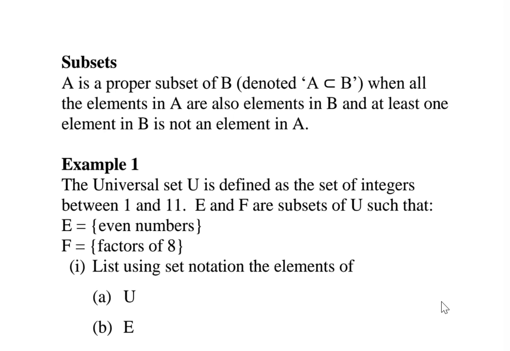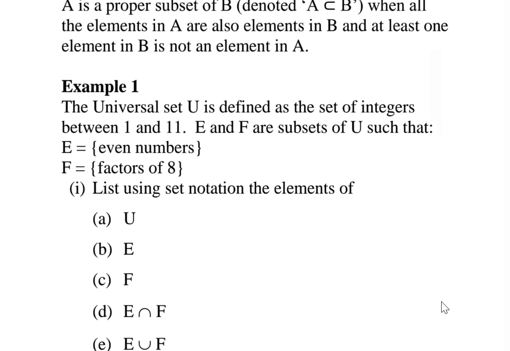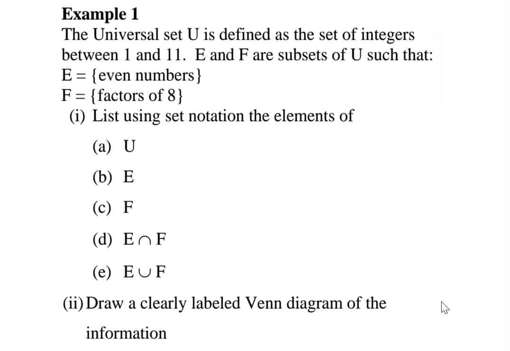E and F are subsets of U such that E is the set of even numbers and F is the set of factors of 8. List using set notation the elements of the set U.